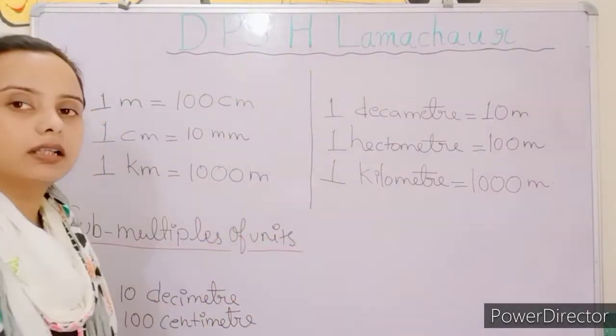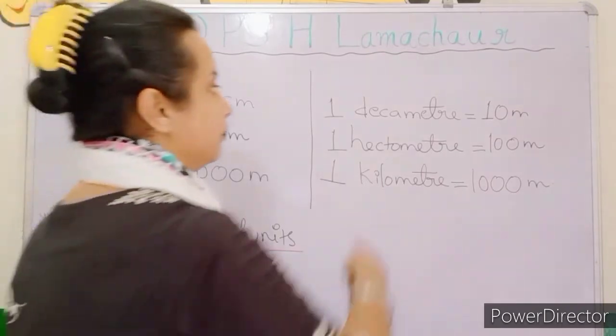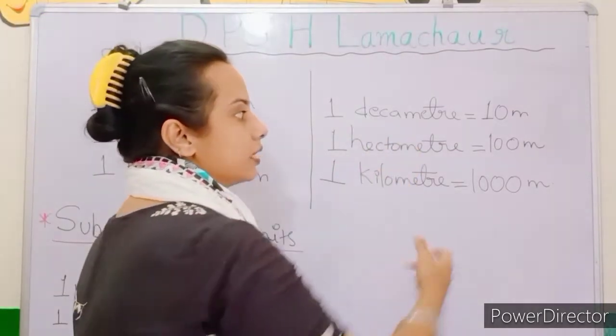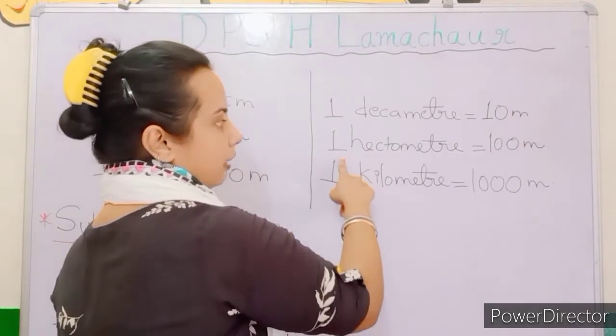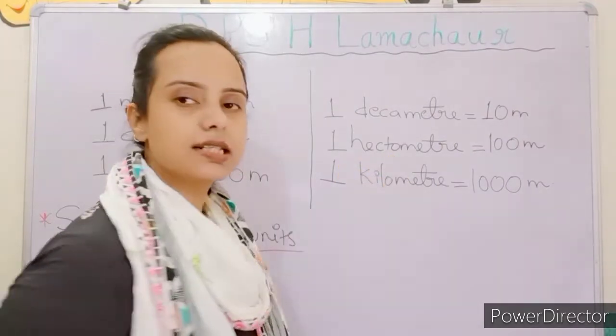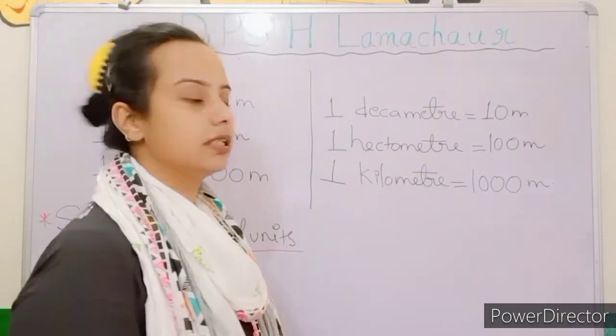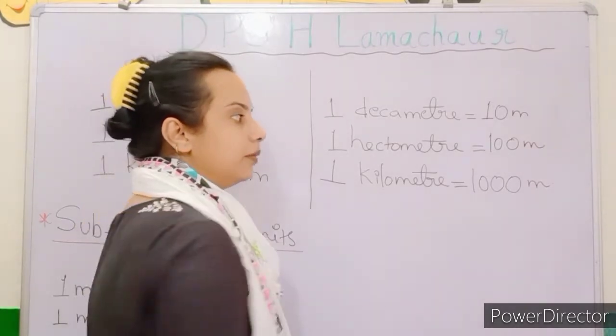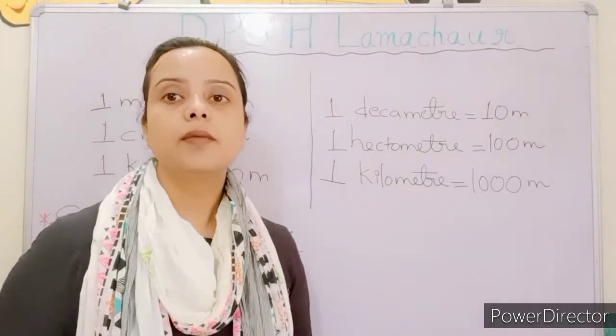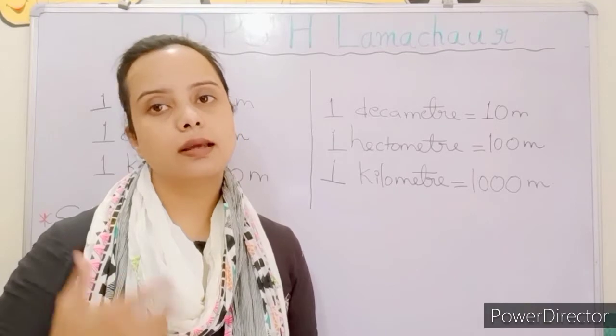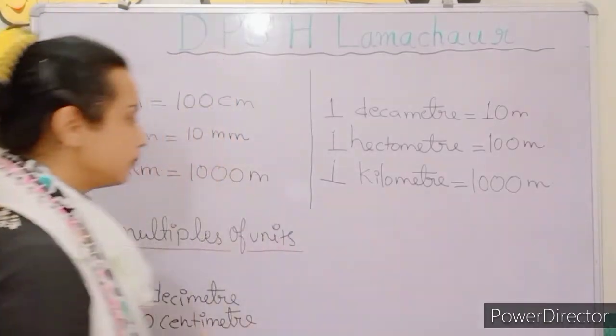And some other units: in 1 decameter, how many meters are there? 10 meters. In 1 hectometer, how many meters are there? There are 100 meters. And in 1 kilometer, how many meters are there? There are 1000 meters.